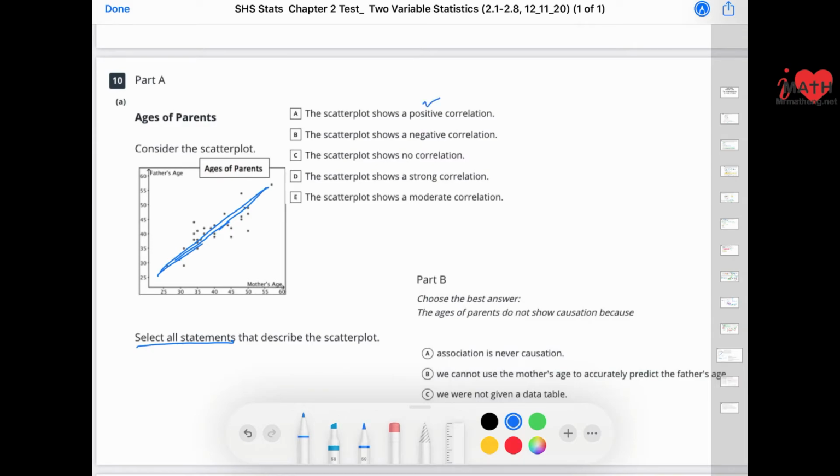Does it show positive? Yes. Is it negative correlation? No, because that would go this way, right? No correlation? No. Okay, strong and moderate. I generally think that most of these are close to the line. Pretty strong, so the answers are A and D.